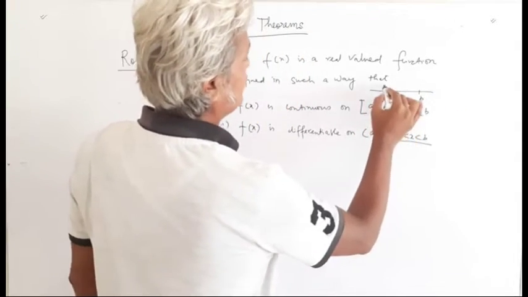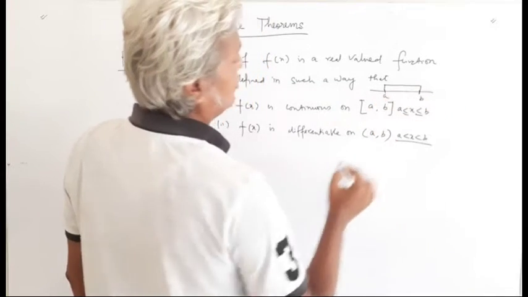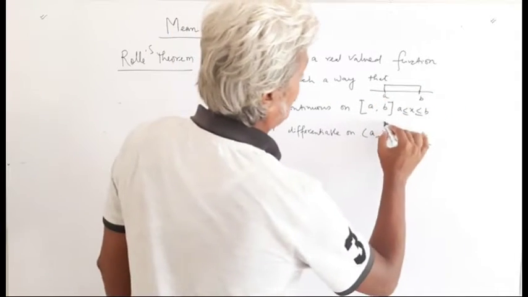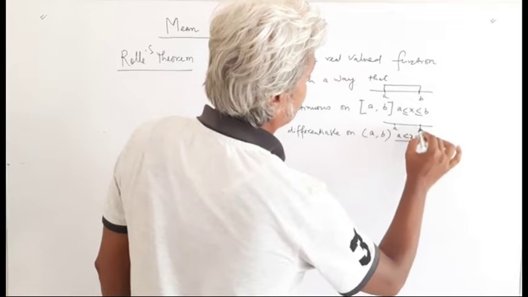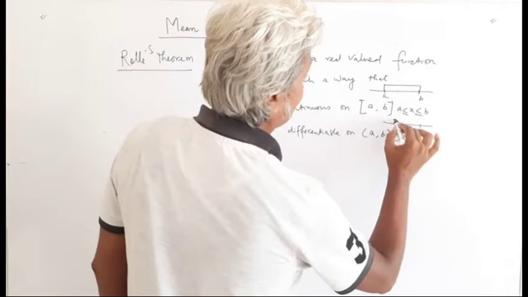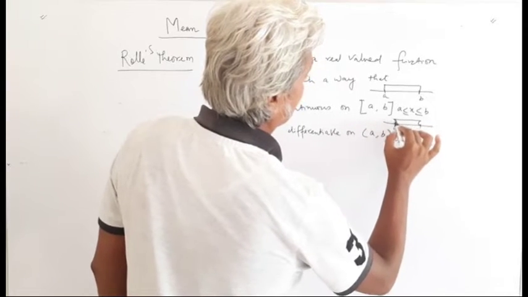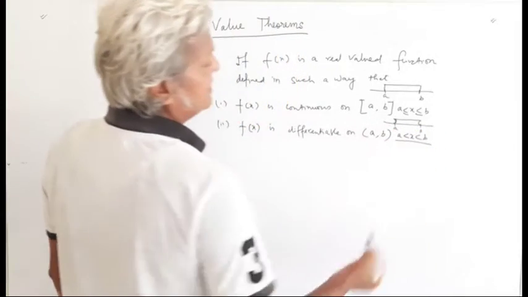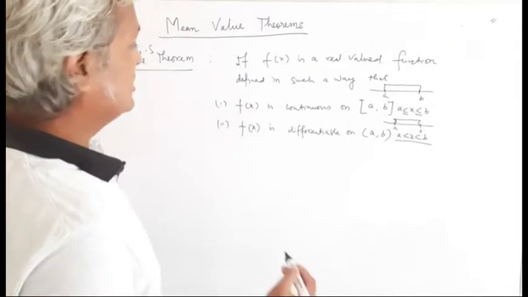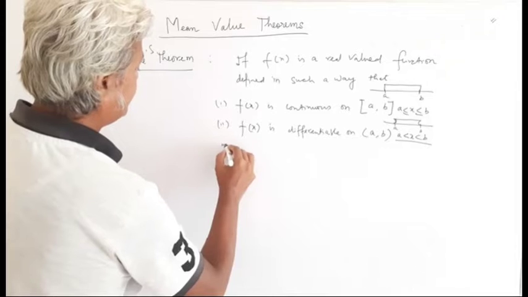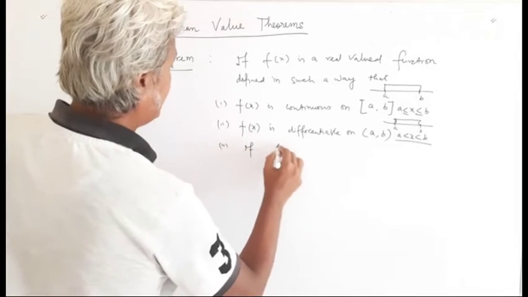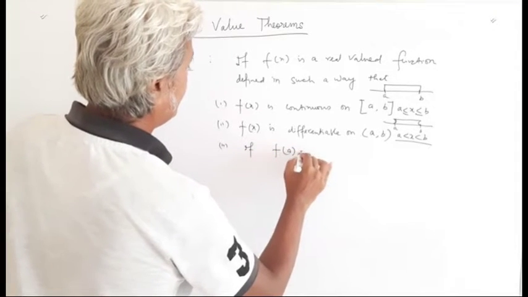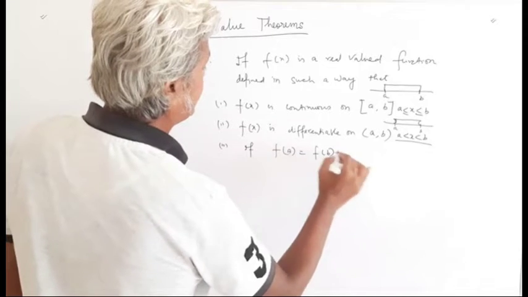So in the closed interval, a and b are also included. In the open interval, it means anything between a and b, but a and b are not included. That's why I'm making this one as a little curve. And the third condition is that f(a) equals f(b).